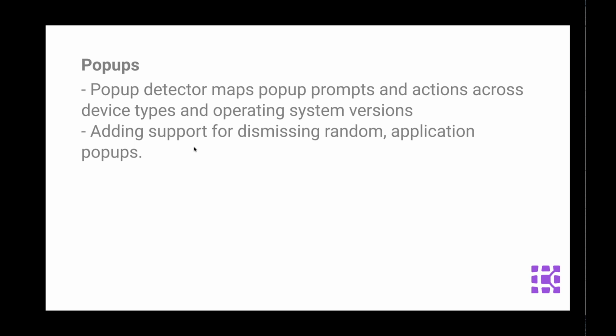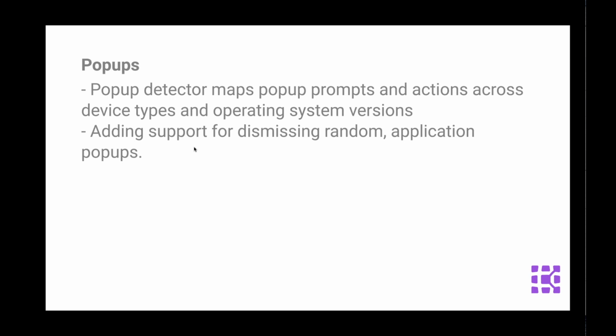So we map that, and if you're performing the manual session on one operating system version and that prompt changes on other operating system versions, we automatically determine that and take either the affirmative or the negative selection.